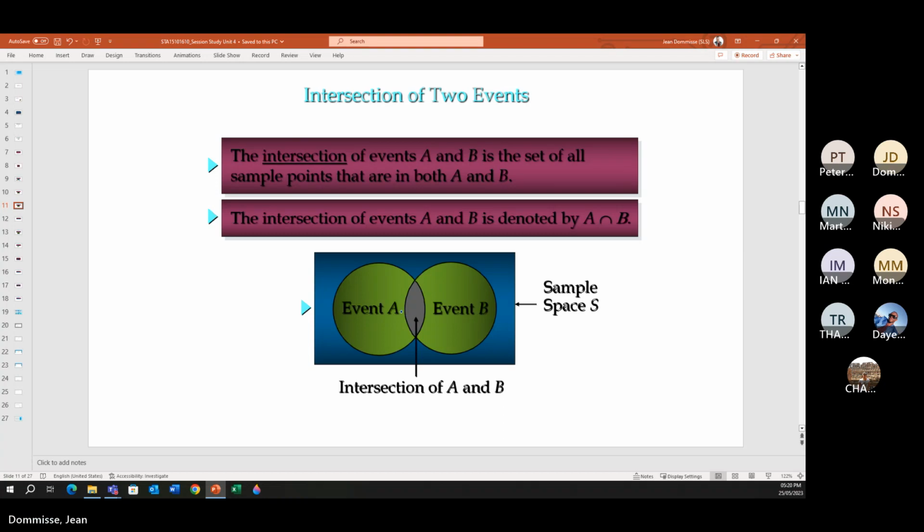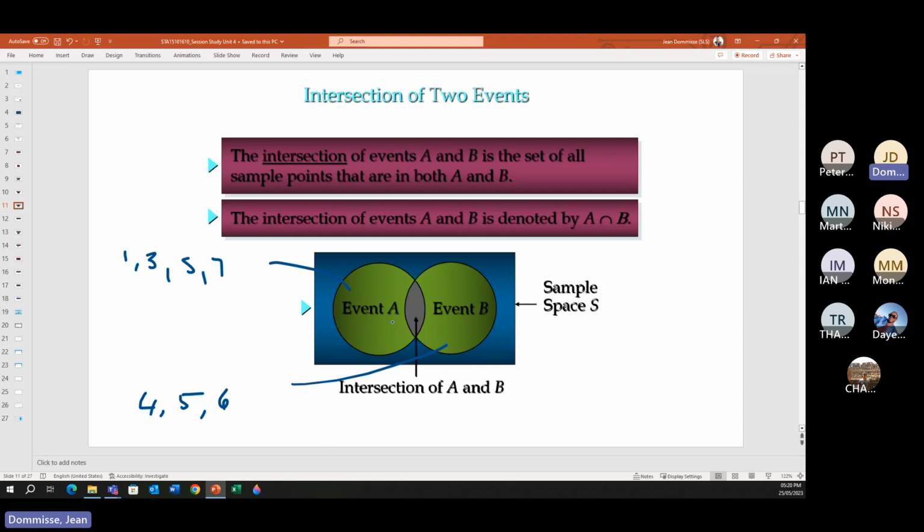So the easiest way to explain it is, let's say event A is that I have numbers 1, 3, 5, and 7. Event B is that I have numbers 4, 5, and 6.